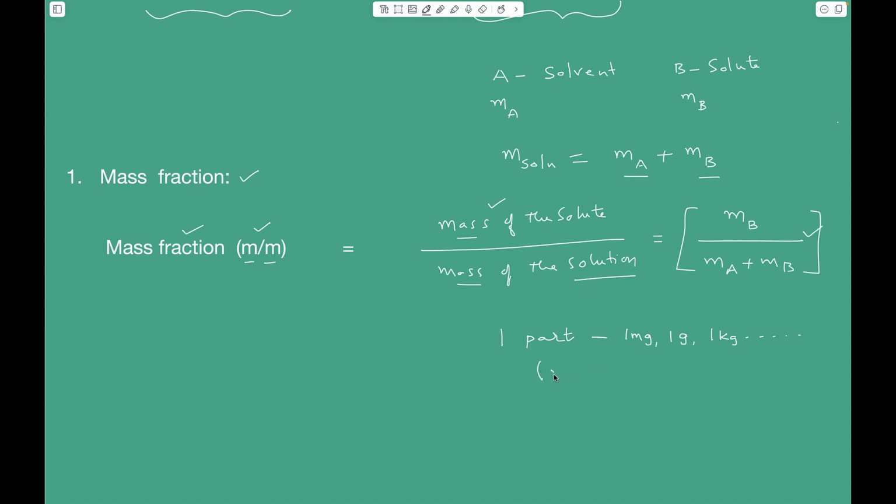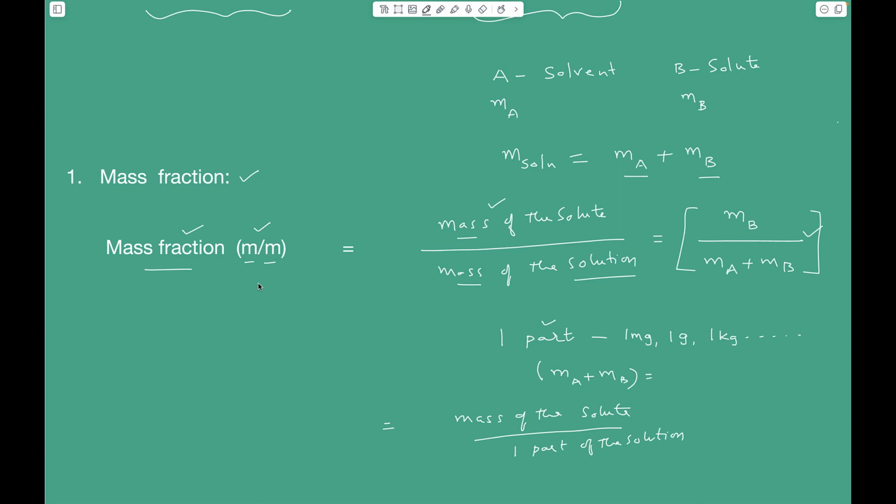That means MA plus MB is equal to either 1 milligram or 1 gram or 1 kilogram, etc. Then replace the mass of the solution with one part. Then it becomes the mass of the solute over one part of the solution. And you know what I mean by one part of the solution.